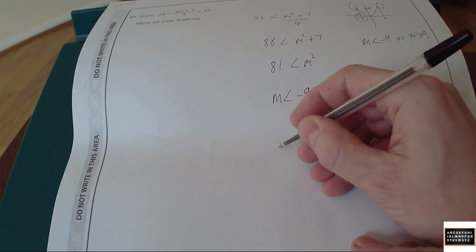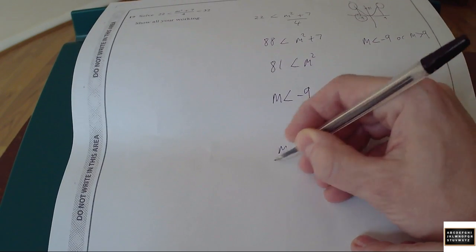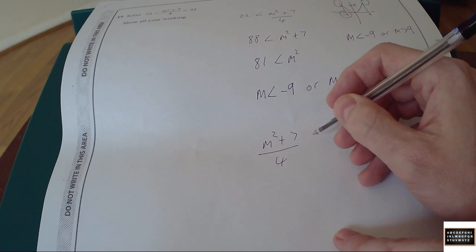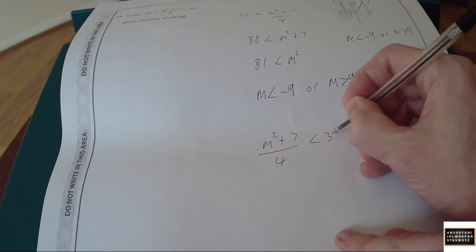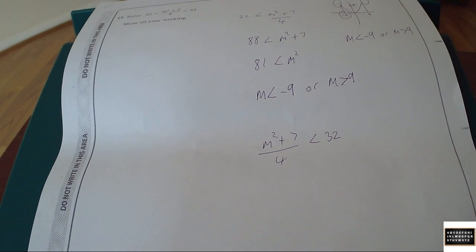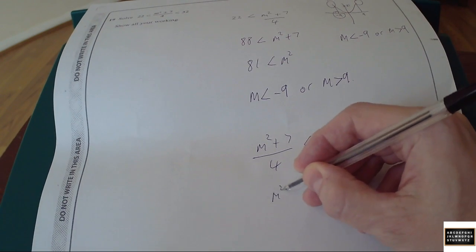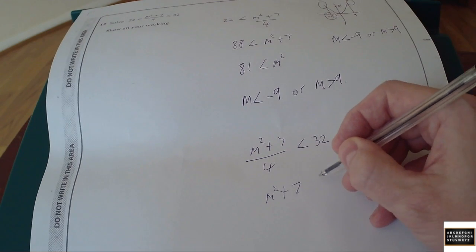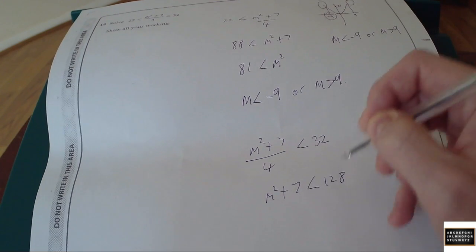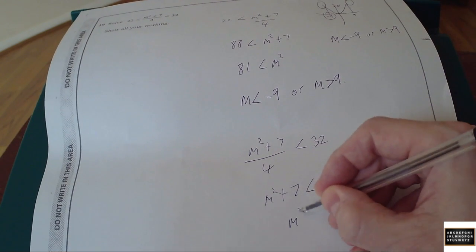On the right-hand side, we have m squared plus 7 over 4 being less than 32. So again, you multiply 32 by 4, so you get 128, and then you take away the 7, so m squared is less than 121.